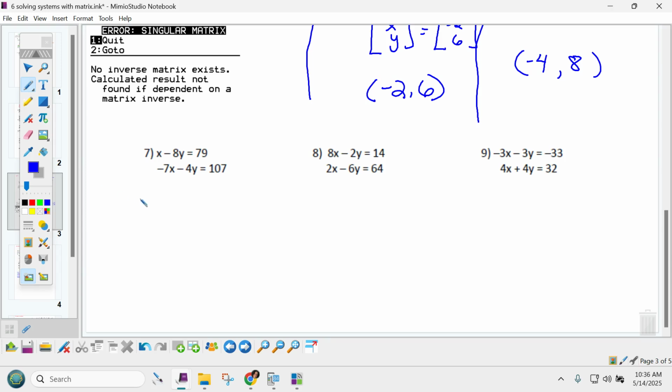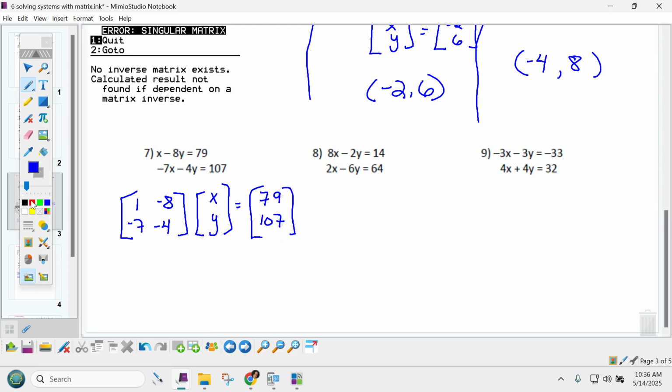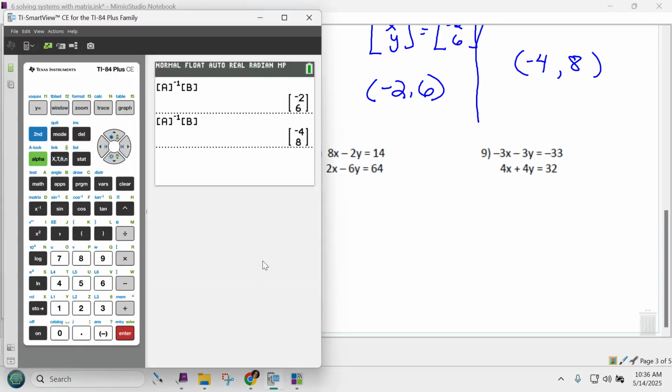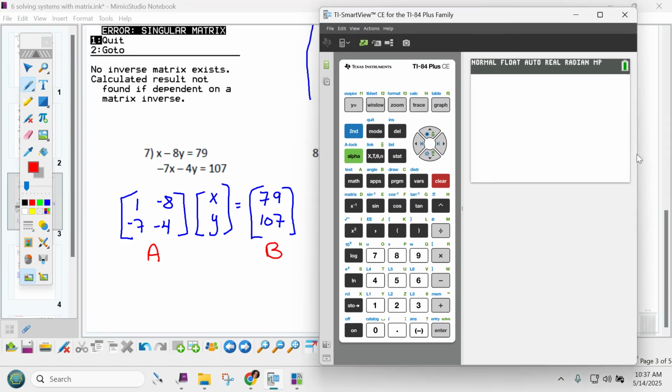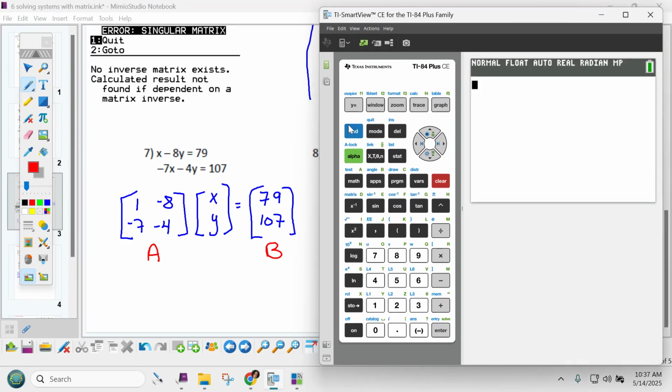Number 7, we got 1, -8, -7, -4, x, y, answers. In the calculator, this is matrix A, this is matrix B. All right, the buttons again.